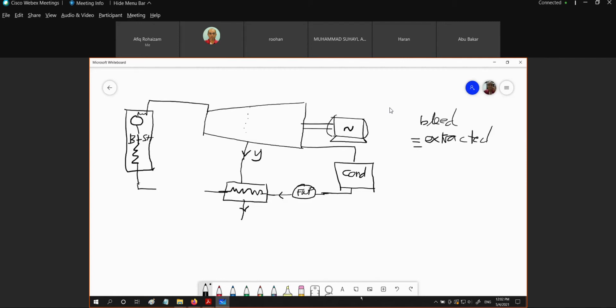Okay, that's right. And then what happened to this steam? The bled steam coming out from the feed water heater, we are going to flow into the condenser.